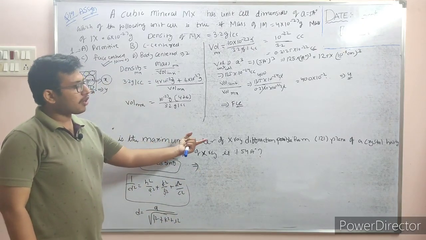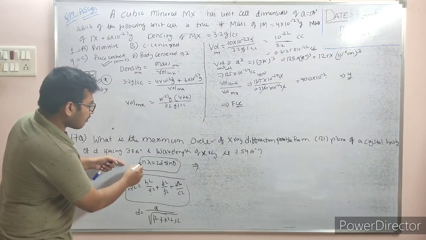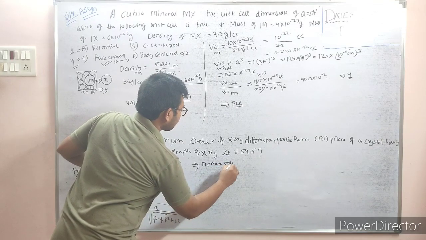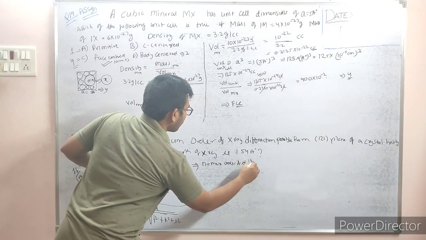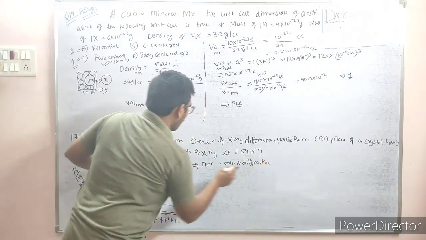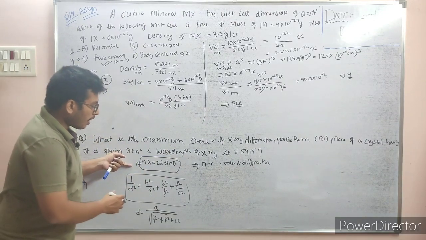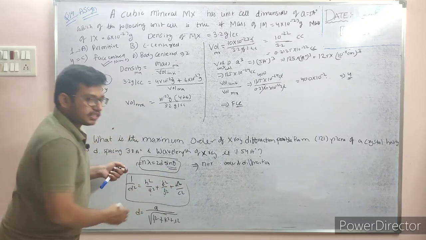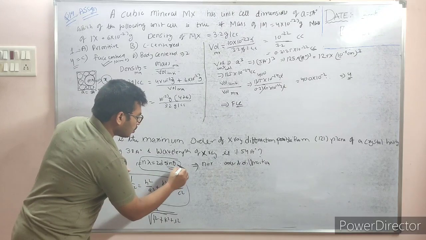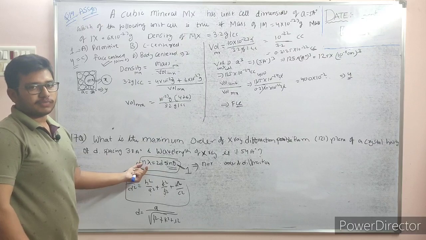When will the order of diffraction be maximum? n is the order of diffraction, and it will be maximum when sin theta is equal to 1, which is the maximum value of sin theta.